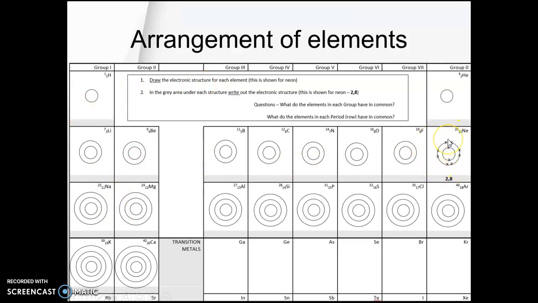which is for the element neon. We have said before that next to the element symbol you will find 2 numbers. One is the atomic number, which represents the number of protons, and the other one represents both the number of protons and the number of neutrons added together.